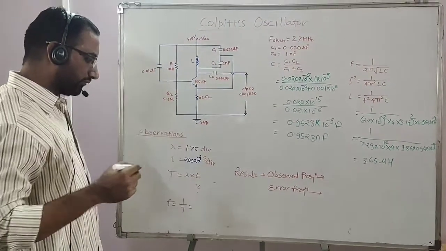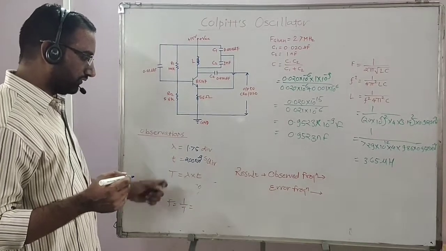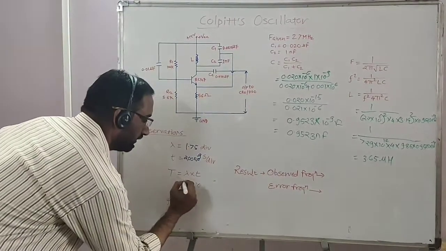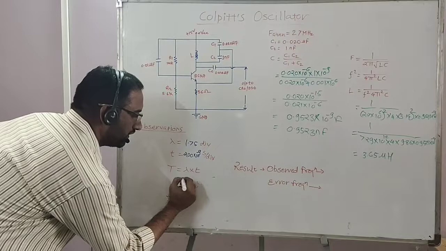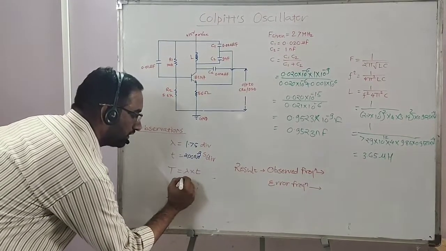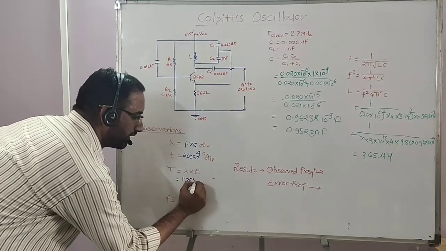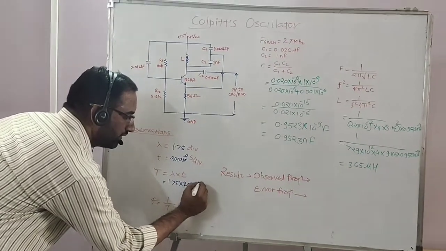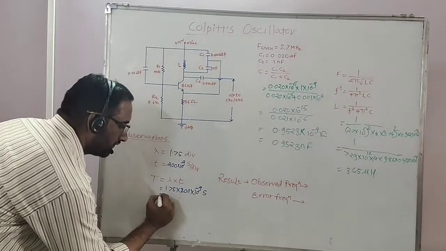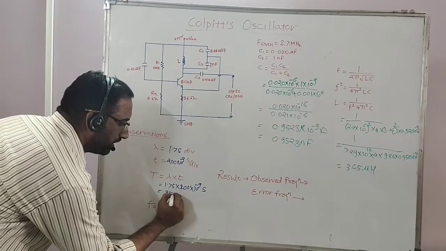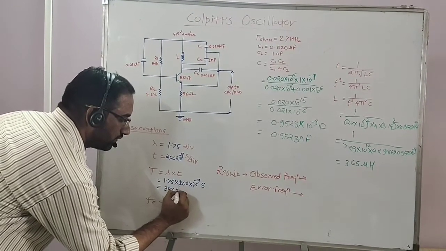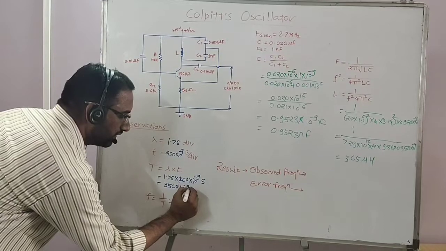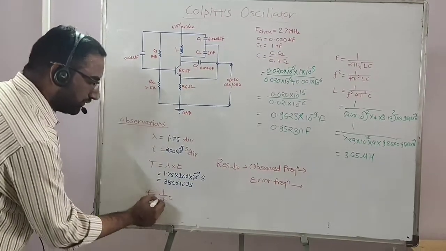That is the time required for completion of one wave. Then time period is the product of lambda into small t, that value becomes 1.75 into 200 into 10 raised to minus 9 second. That is equal to 350 into 10 raised to minus 9 second, that is 350 nanosecond.